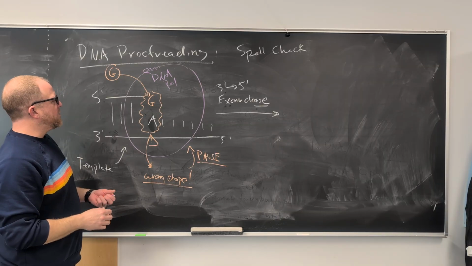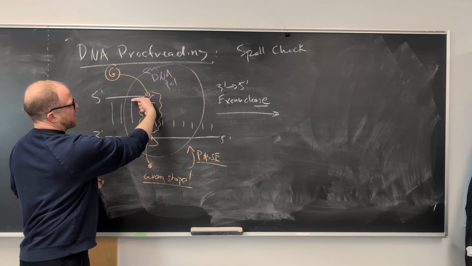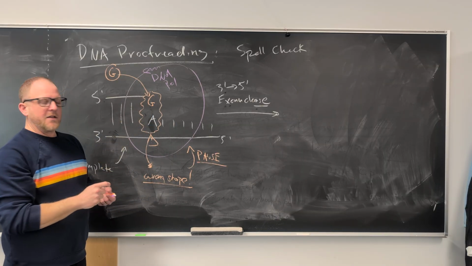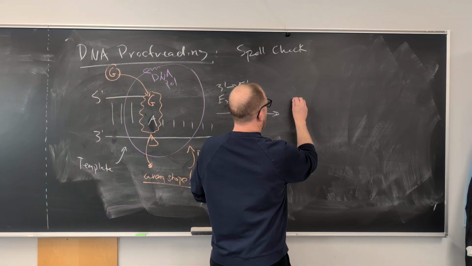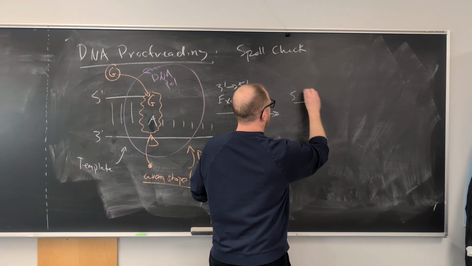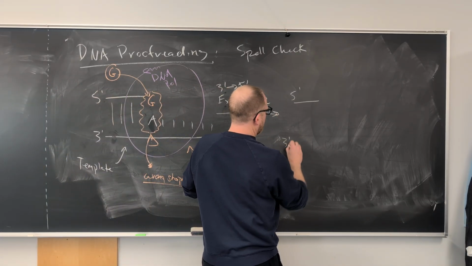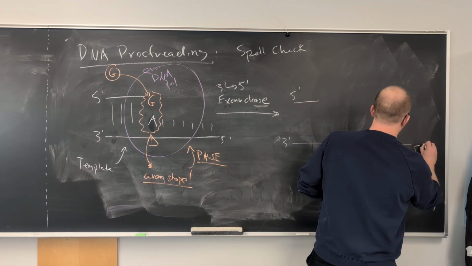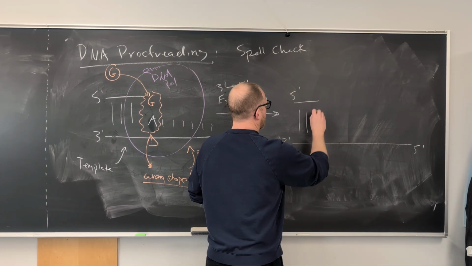What it's going to do is go back in this direction on the strand and eliminate this G. So we'll redraw our strand. Here's our 5' end of the new strand. Here's our template strand on the bottom.